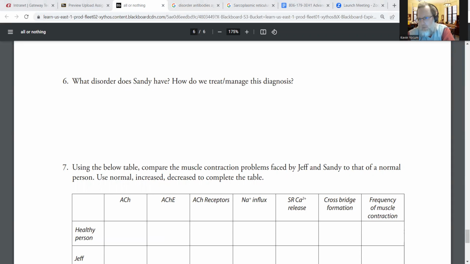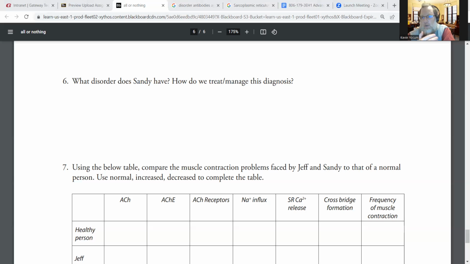Antibodies are involved. Where do antibodies come from? Where are antibodies produced? The immune system, certainly. She has a hyperimmune system somewhere. There's a hyperactive release of antibodies against ACH receptors. So she has an autoimmune disorder.